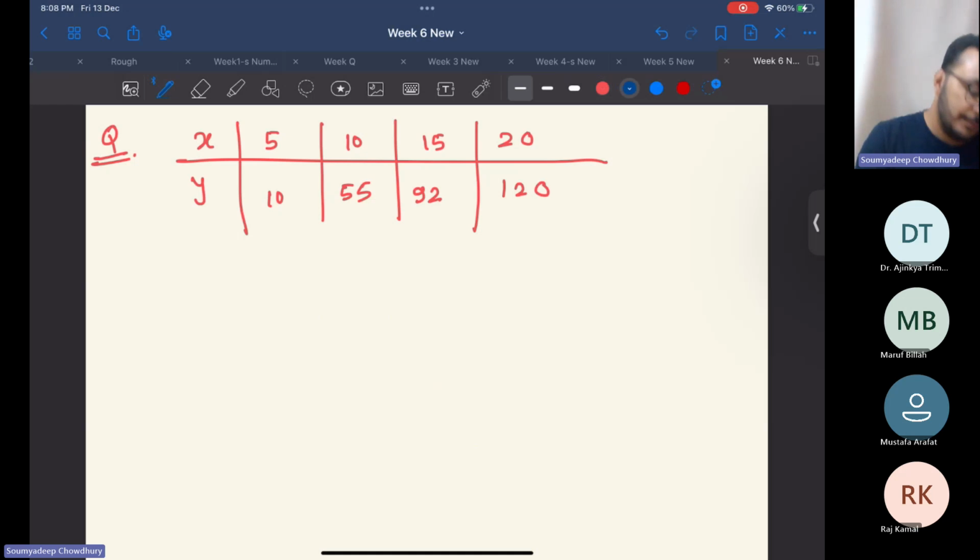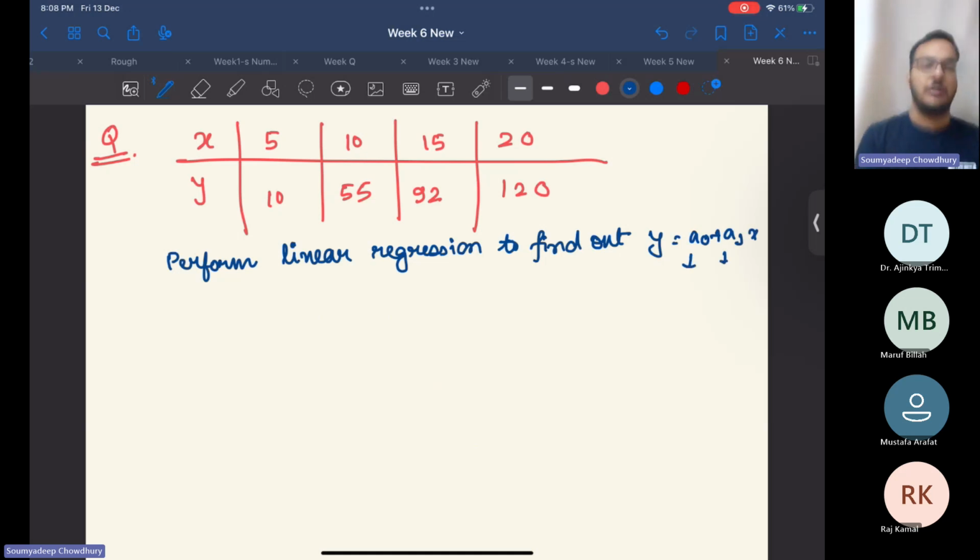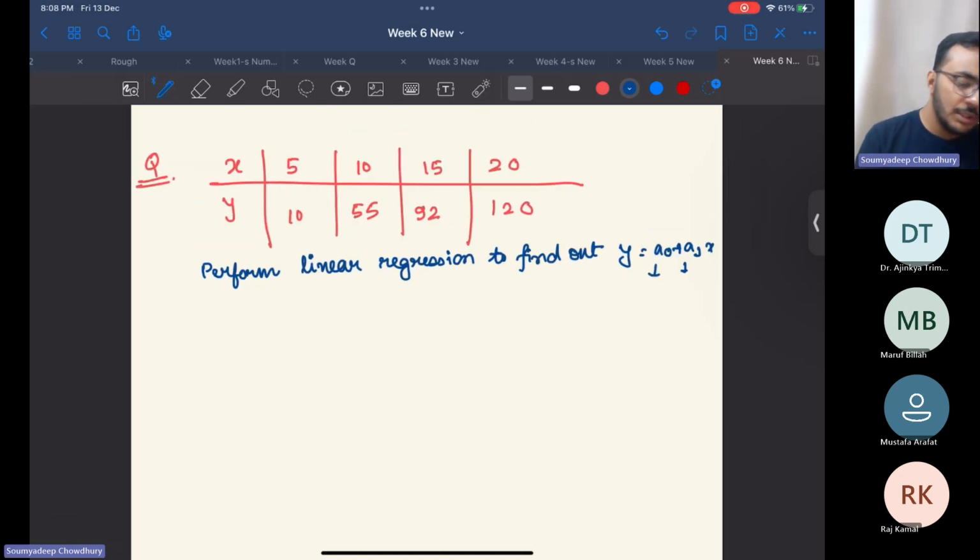The question here is to perform linear regression to find out y equals a naught plus a1x. That is, to find out a naught and a1 here. Okay. So first we'll do it using the normal approach, then we'll see the matrix approach.